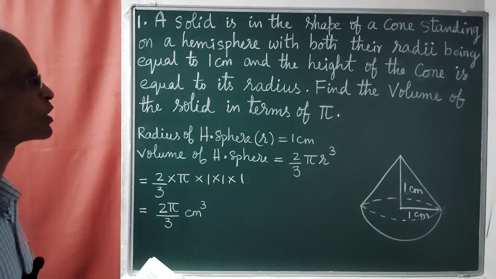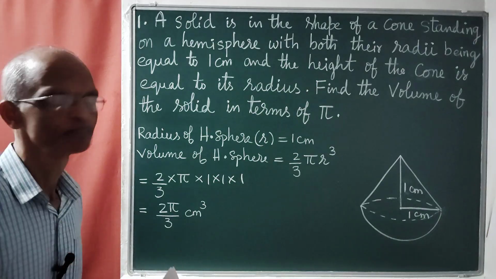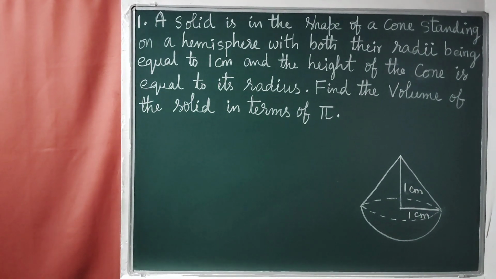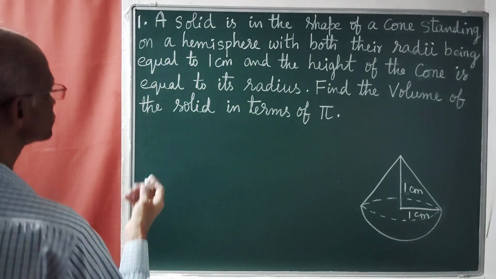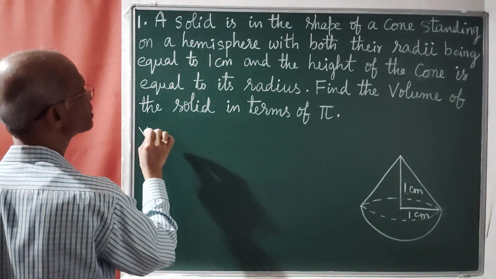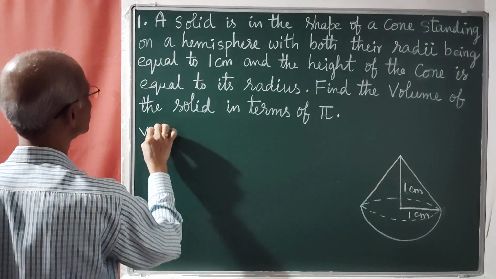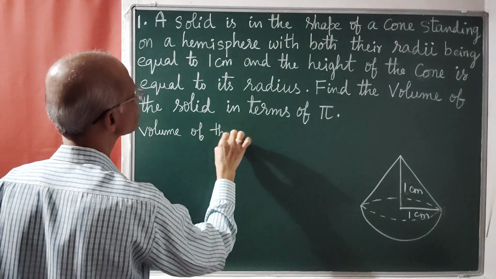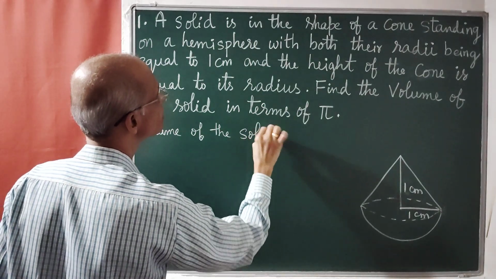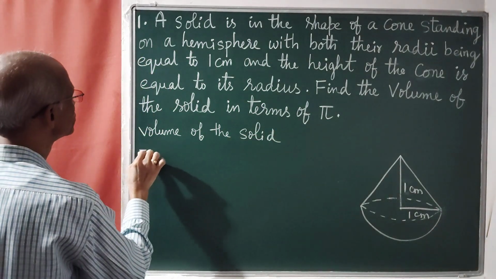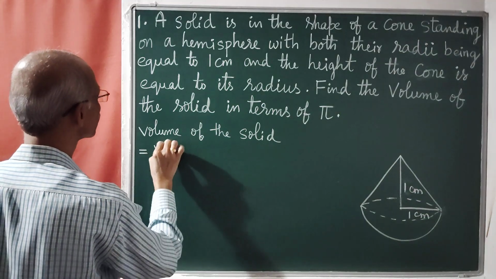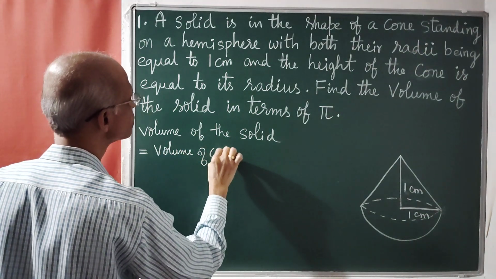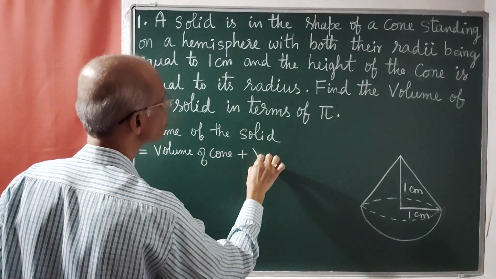Now we'll find out the volume of the solid. Volume of the solid will be equal to volume of cone plus volume of hemisphere.